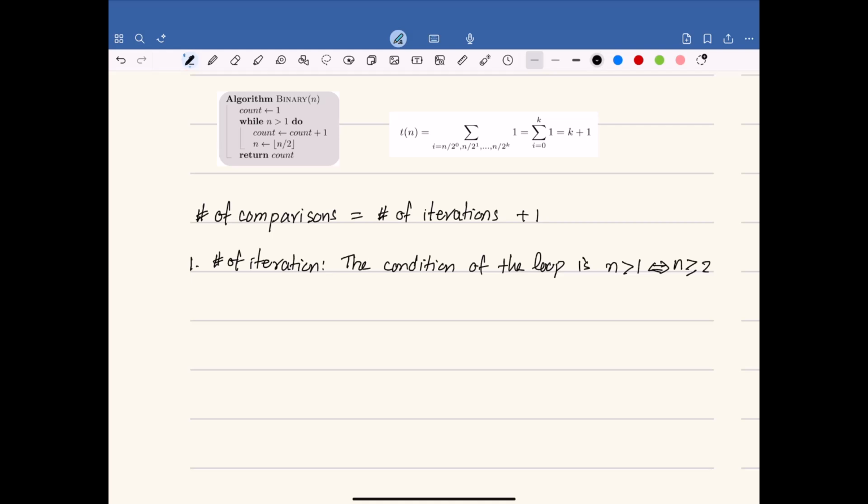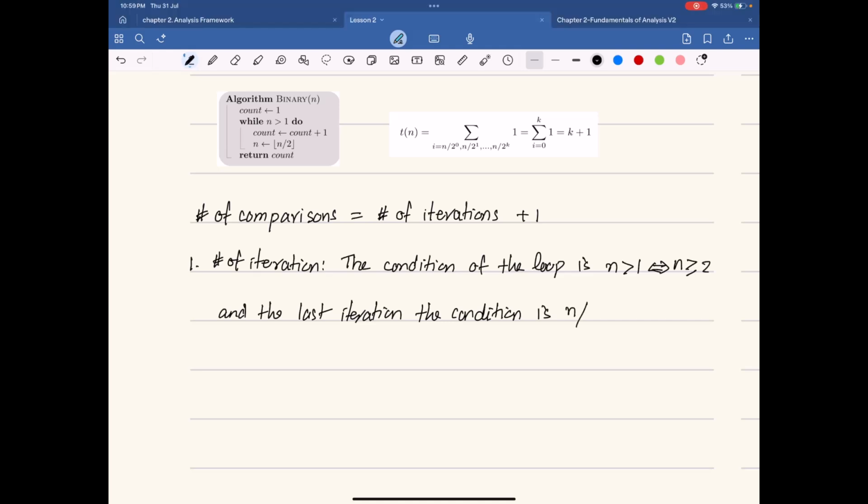So in the last iteration, the condition is n over 2 to the power k is greater than or equal to 2. As you can see, we are repeatedly dividing n by 2.